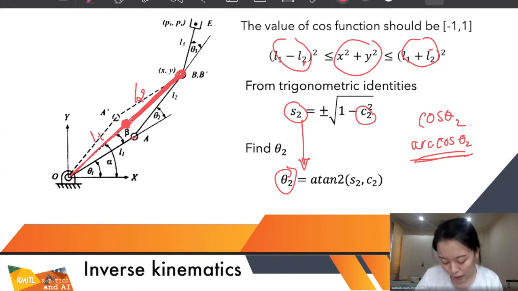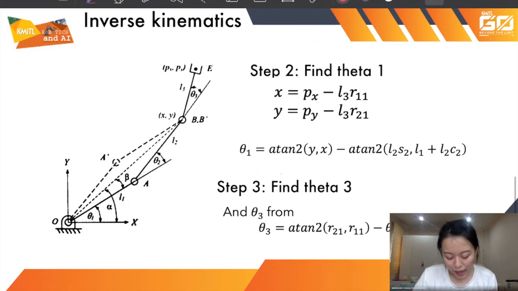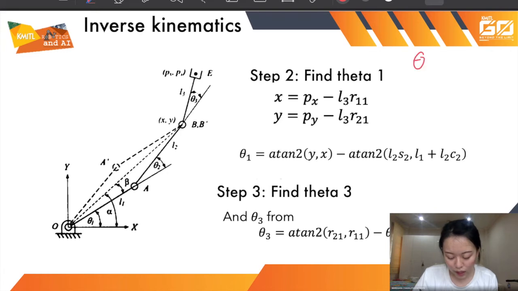So in order to find the right equation, we have plus or minus something like that. So we have to use atan2 because it will tell you what quadrant it is. And next we get theta 2.